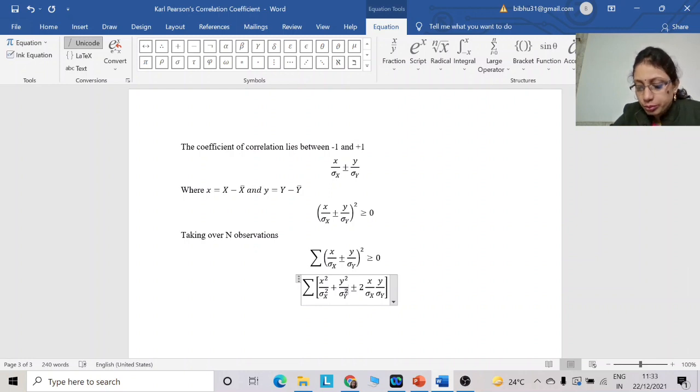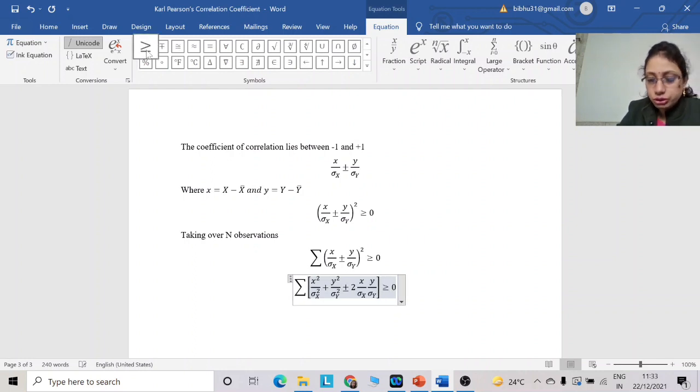This will definitely be greater than or equal to 0, since I've just expanded the equation.